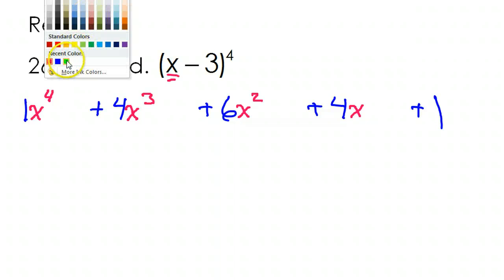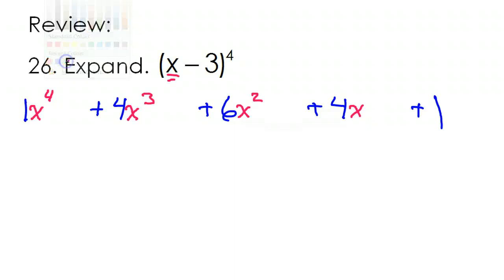Next, I'm going to do, let's see, should I do green? Look at this negative 3, and please treat it as a negative 3. So this negative 3 is on the right. So I'm going to start off over here with it on the right. So there's my negative 3. And again, I'm going to start off with the highest power here. So this will be negative 3 to the fourth power.